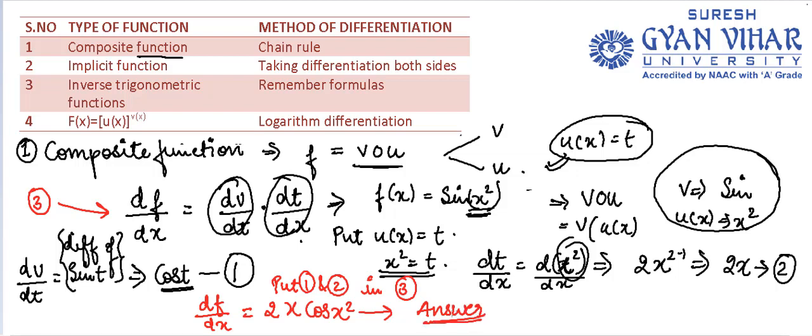You just combine dv by dt and dt by dx by putting u of x equal to t. This is the procedure for solving the chain rule. Now let's move forward and understand what implicit functions are and how you can solve them.